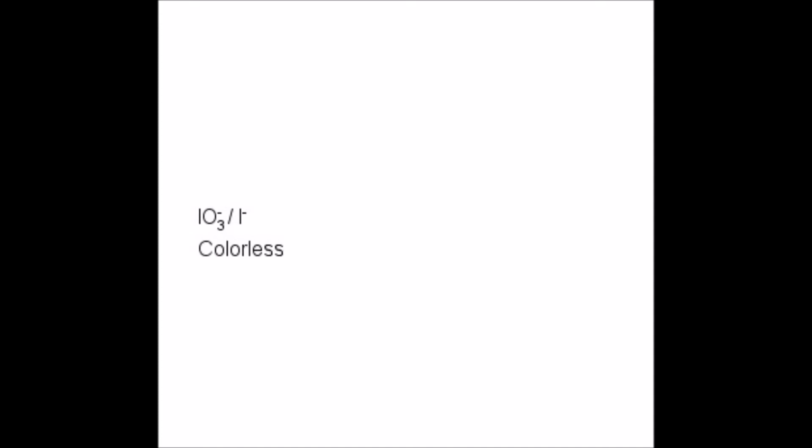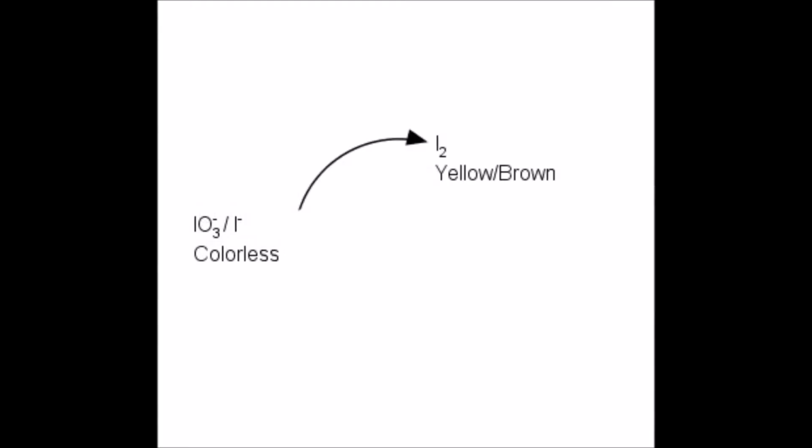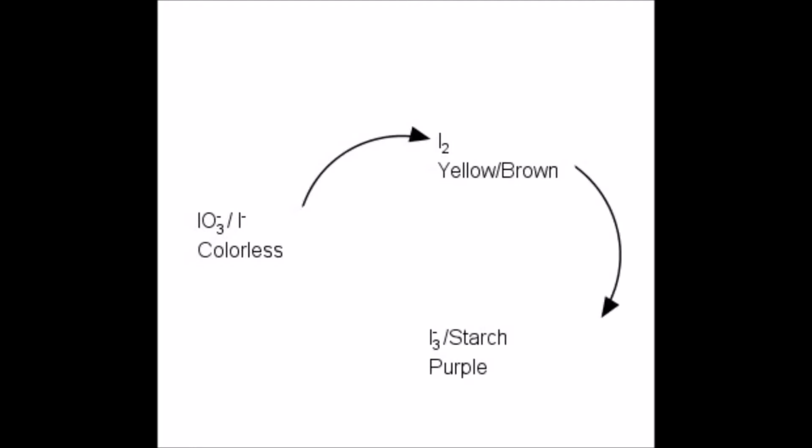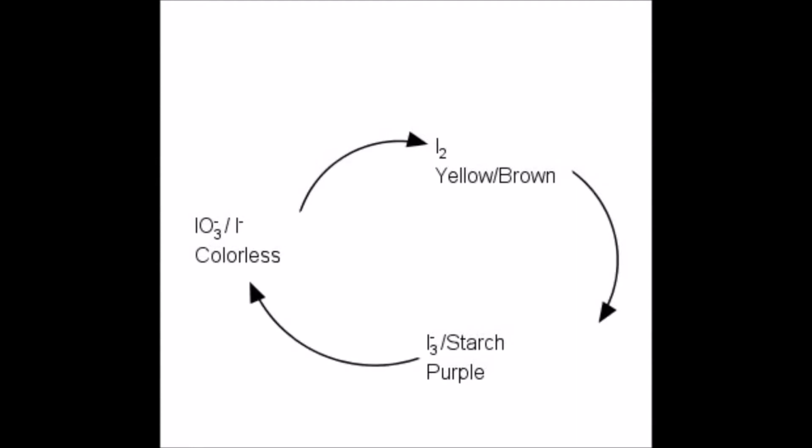We saw that the iodate undergoes several transformations between colorless iodate and iodide, converting to yellow amber iodine, and then in the presence of iodide it combines to form the I3 minus, which is stabilized by starch, which can then be slowly removed and converted back to the iodide and iodate again.